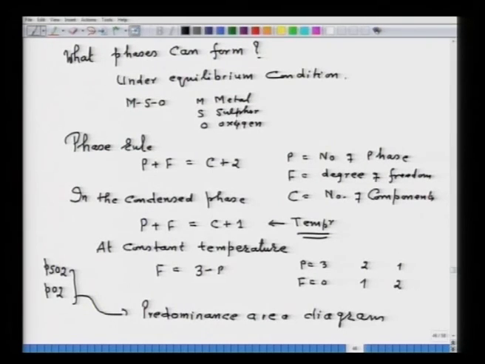From the predominance area diagram, one can get the information on what the combination of PSO2 and PO2 should be at a given temperature if we want a particular phase. That will be the subject matter of the next lecture.